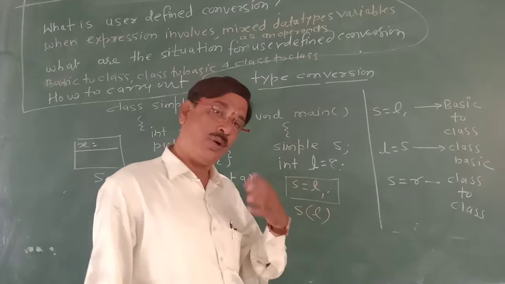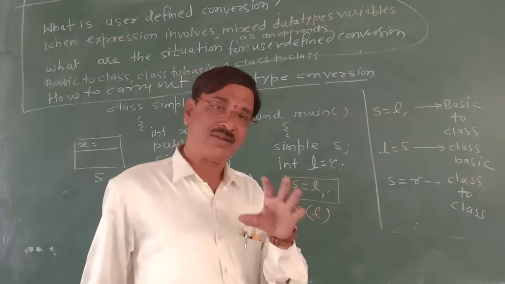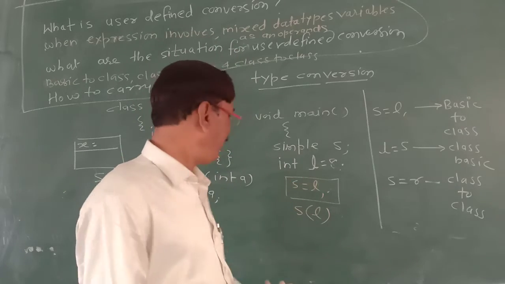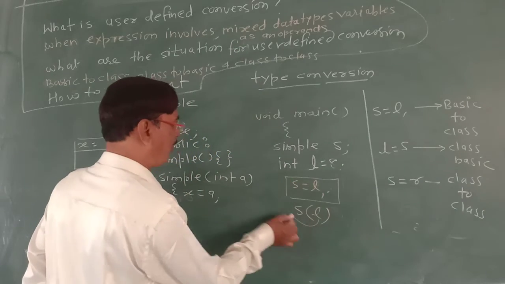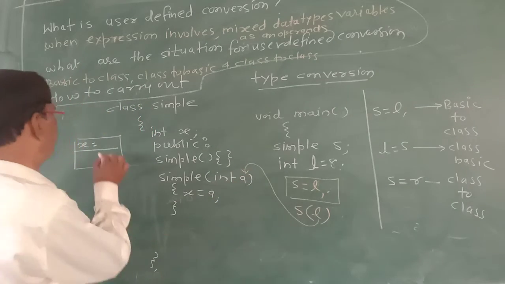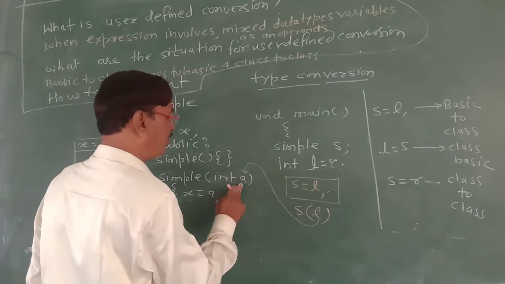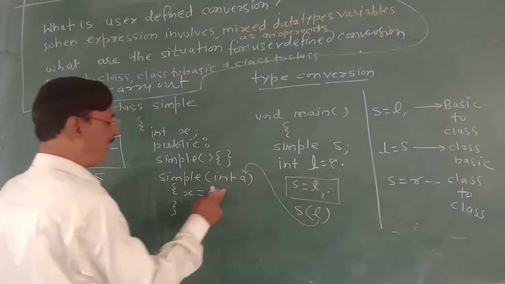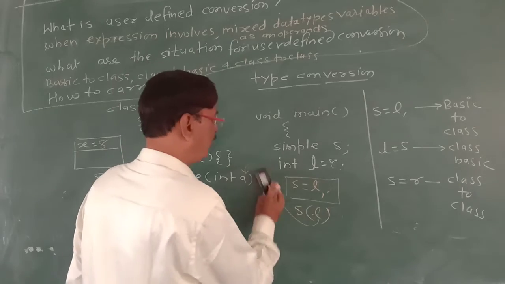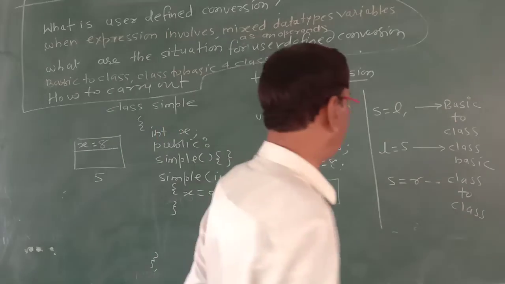When you write S = L, it will be treated as the function call S(L) by the compiler, and the actual parameter L formally becomes A, and A is given to X. So here L is the actual parameter whose value is 8. Now this expression will be executed. So this is basic to class.